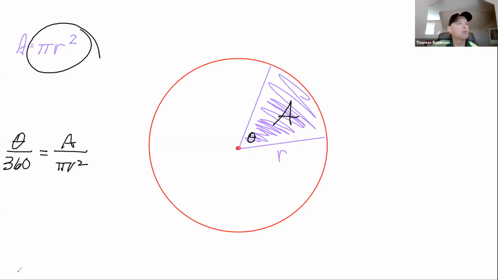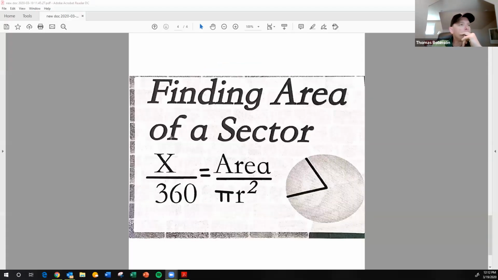I think I have something to show you here. Let me go back to this real quick. So this is the setup we have for finding the area, not the circumference. That's the crust. This is, well, the nasty part of the crust.